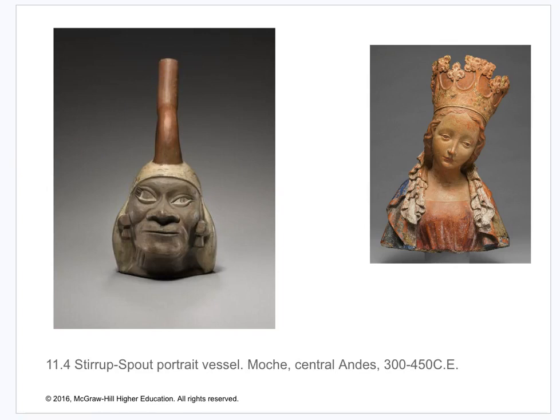And no one knows exactly why. They think perhaps it was utilitarian purpose. You could actually carry these vessels using the stirrup, and they're called stirrups because it's shaped like a saddle stirrup. And you could carry them that way, so it's functional. You can pour out of the vessel, obviously, through the top.